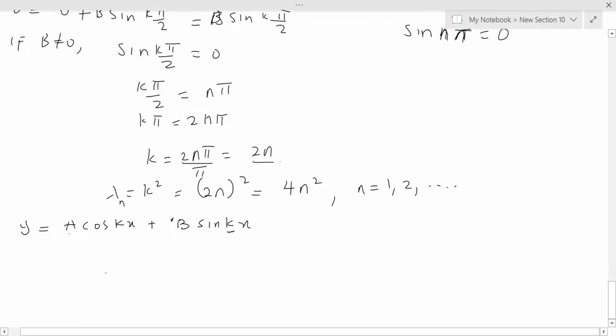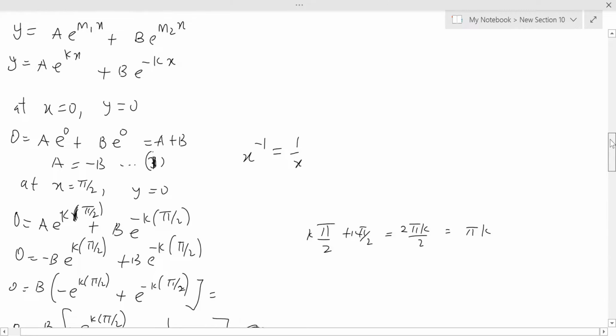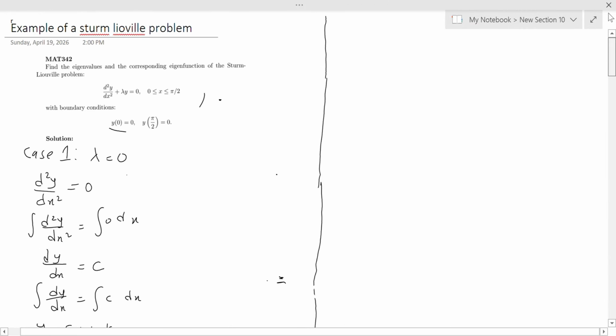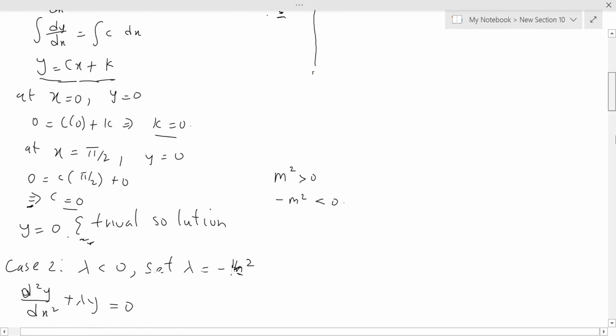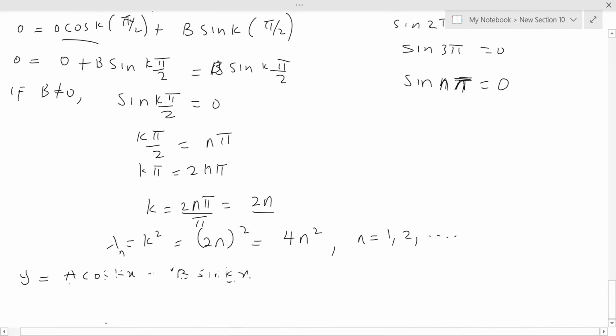So remember the problem we are solving, let me go up a bit. The question says we should find the eigenvalues and the corresponding eigenfunctions. So this lambda now, these are the eigenvalues. So we want to get the corresponding eigenfunctions.